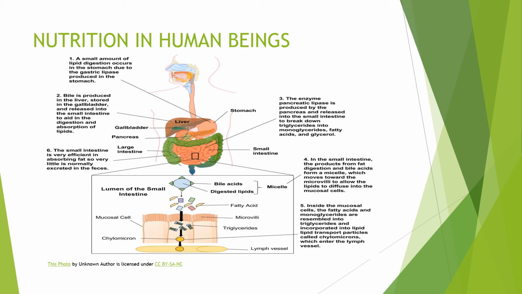Then inside the mucosal cell, the fatty acids and monoglycerides are reassembled into triglycerides and incorporated into lipid transport particles called chylomicrons, which enter the lymph vessel. Then the small intestine is very efficient in absorbing fat, so very little is normally excreted in the feces. Here you see how nutrition in human beings takes place with the help of various secretions of the digestive system.